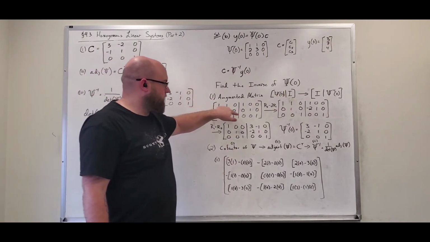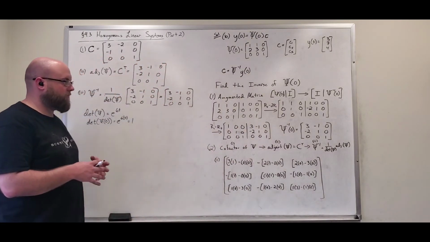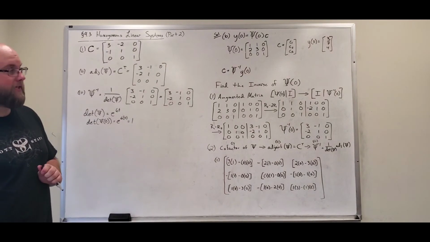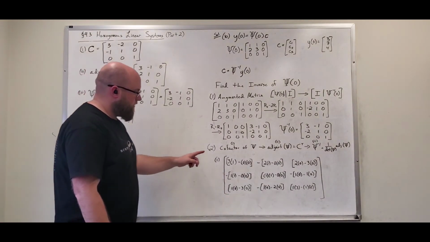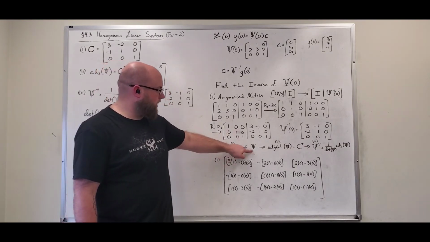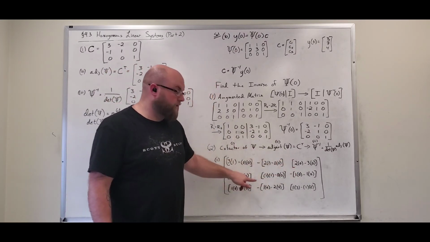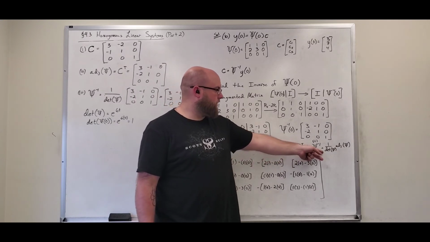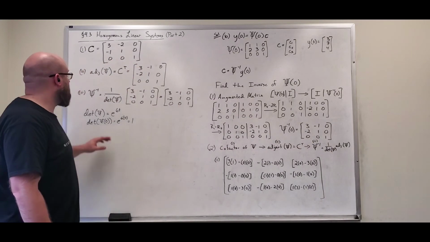That's the nice part, it's very straightforward and we're always guaranteed it, especially if psi is a fundamental set. So notice the importance there. Or the other way you could do it is find the cofactor matrix of psi, using the minors determinants for each of the terms, then find its transpose, and multiply that transpose by 1 over the determinant. So that is what we have done so far.